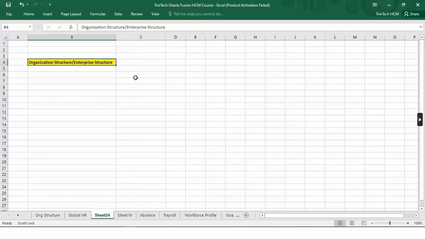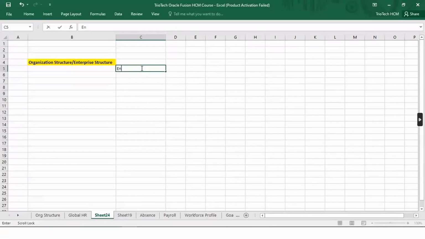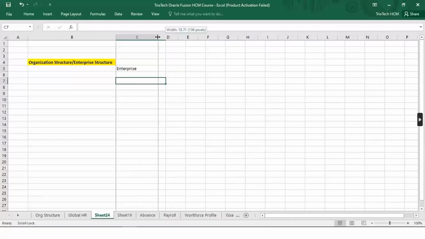When we're talking about the organization structure, we have to talk about what the org structure is. So in the Fusion application, at the top, we have something called enterprise in the system.